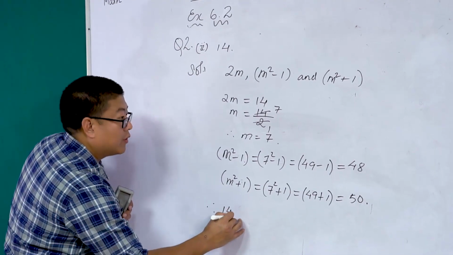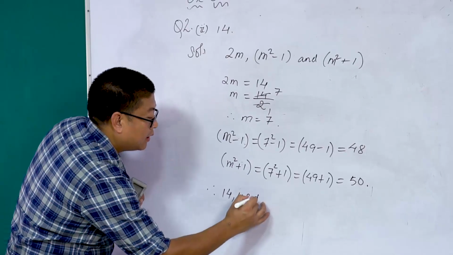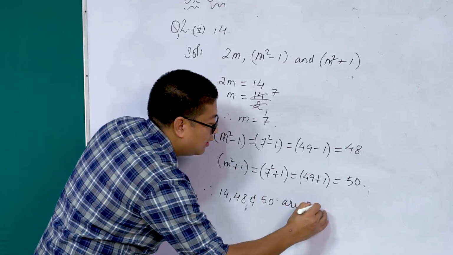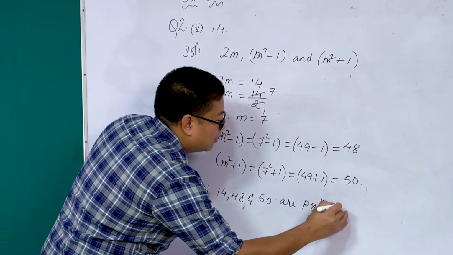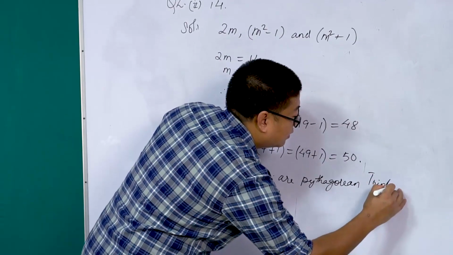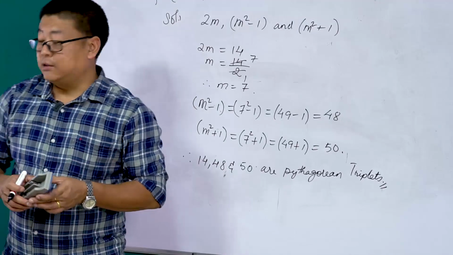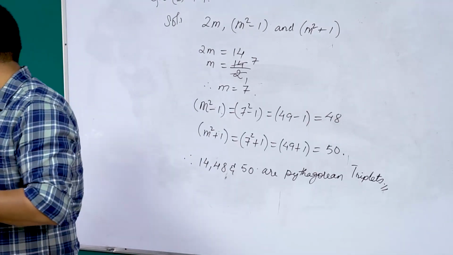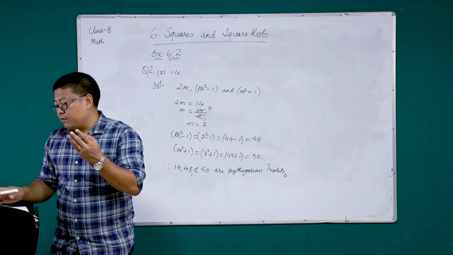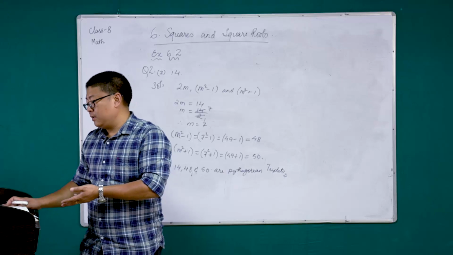Therefore, 14, 48 and 50 are Pythagorean triplets. Now, this is all about Pythagorean triplets. We have already discussed finding squares, and we have already done exercises on that.